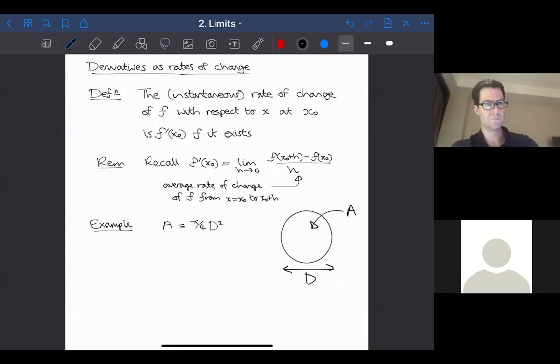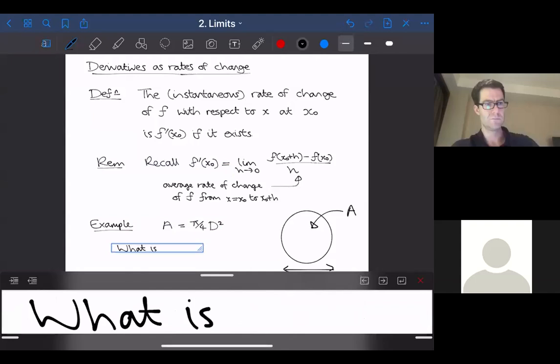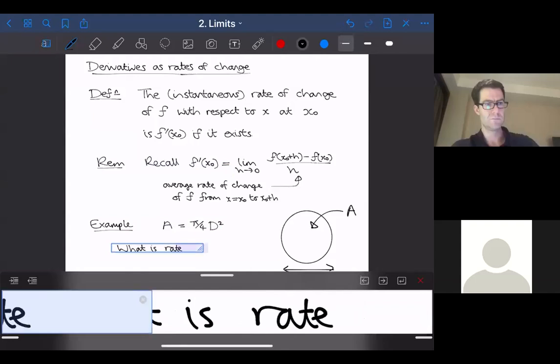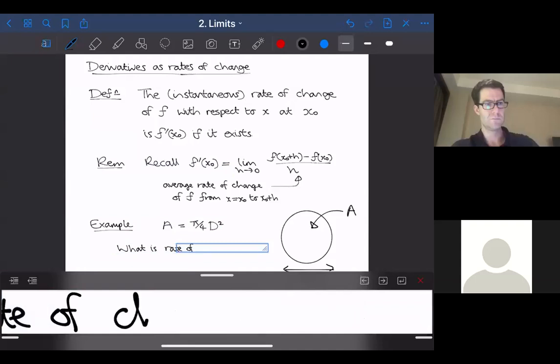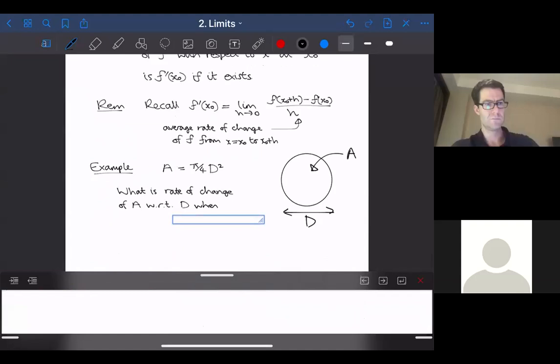And the question is, what is the rate of change of A with respect to D when D equals 10 meters.